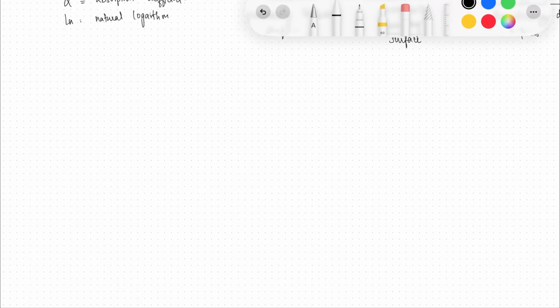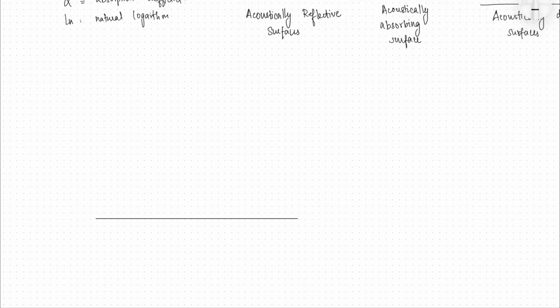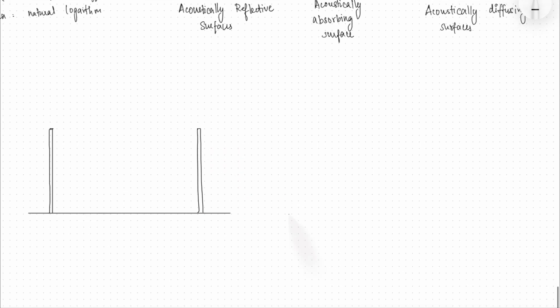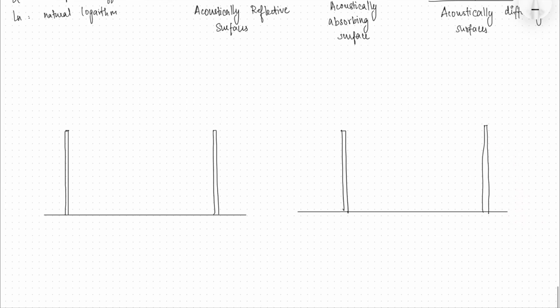So they could ask you these questions. Let us say this is your auditorium, and we are going to consider two scenarios. These are your walls, and they can ask you what shape of roof is best suited for an auditorium, and they'll give you options like flat roof, pitched roof, concave roof, convex roof, and we'll see which is the best.